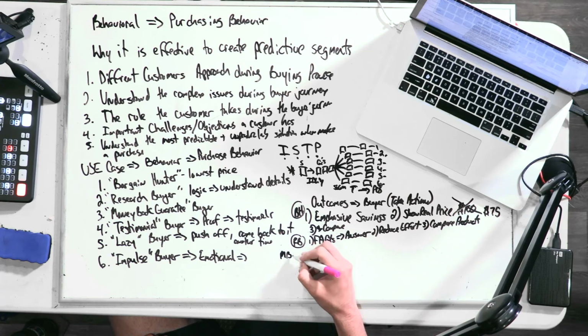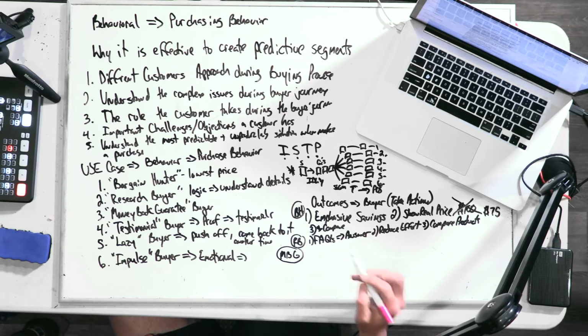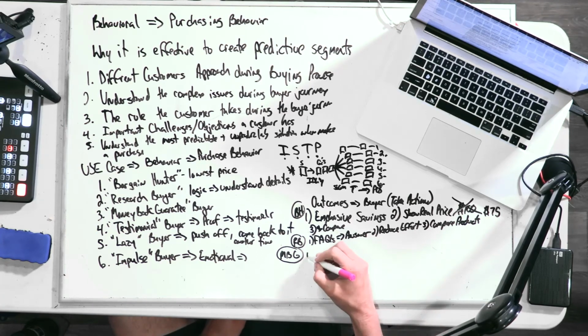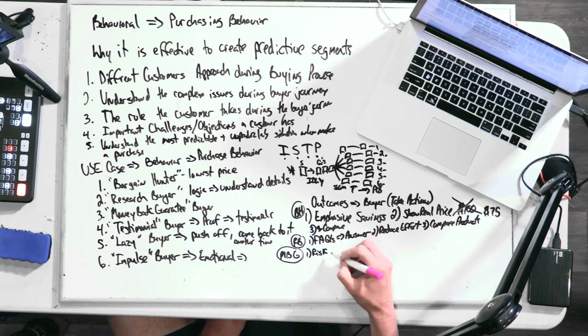Number 3, our money back guarantee buyer. Okay. So in this scenario, this is somebody that doesn't like to take a lot of risk. They're scared.